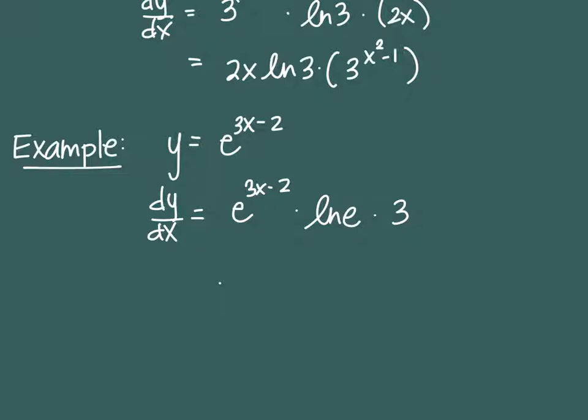Now we know that the natural log of e is 1. And so we can clean up that answer, and we'd put the 3 in the front, and then the 1, which we don't really need to write, and then e to the 3x minus 2 as its power.